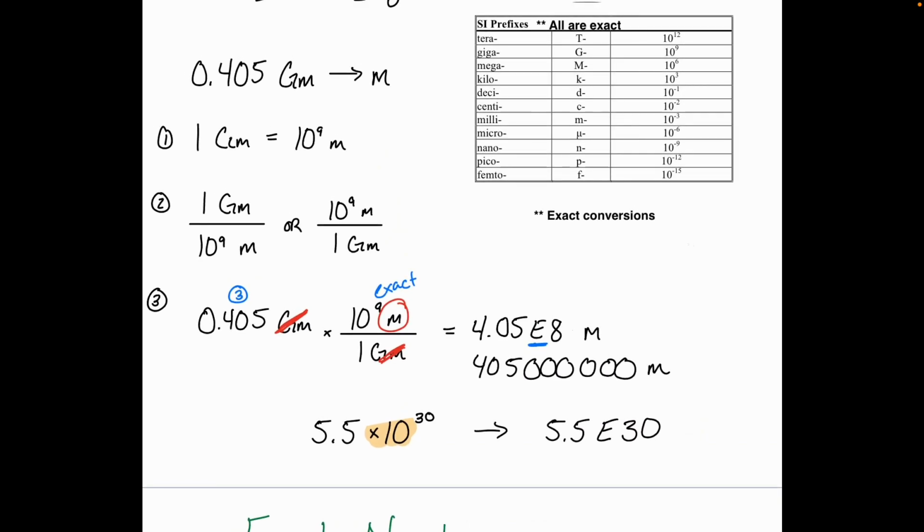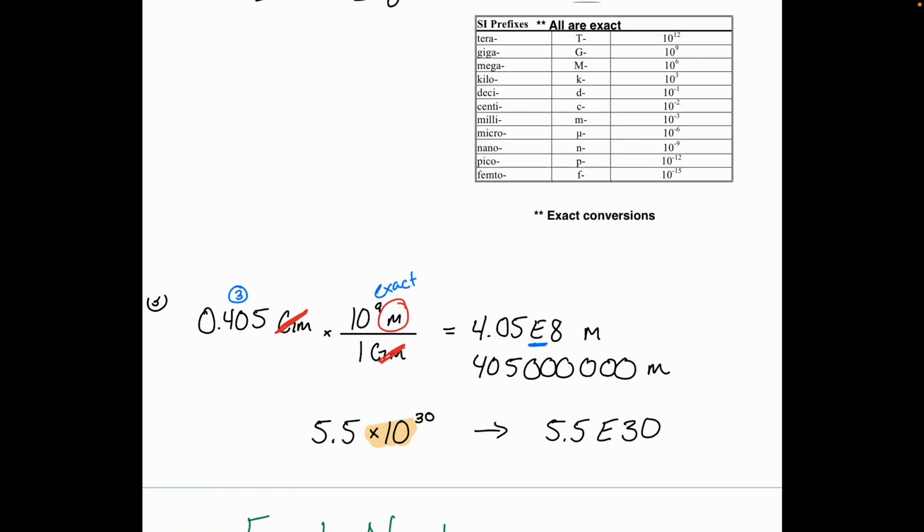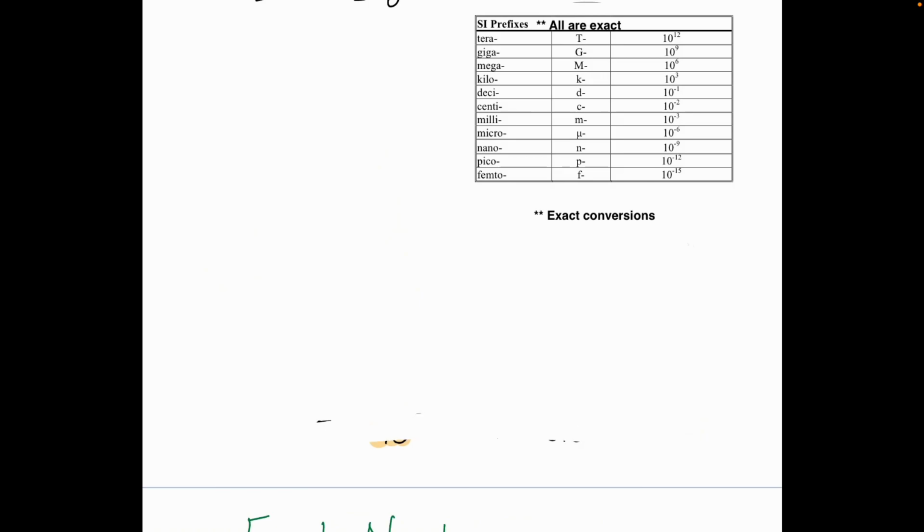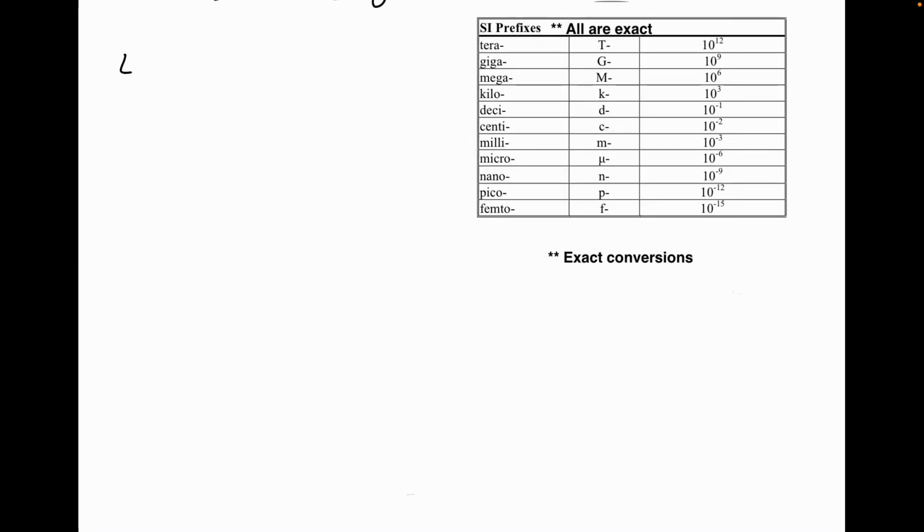All right, so now let's do one that's a little bit more complicated. I want to know what 4.96 times 10 to the 7 milliseconds is in kiloseconds.